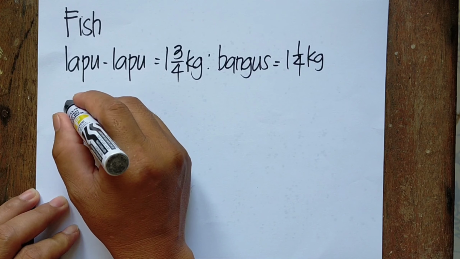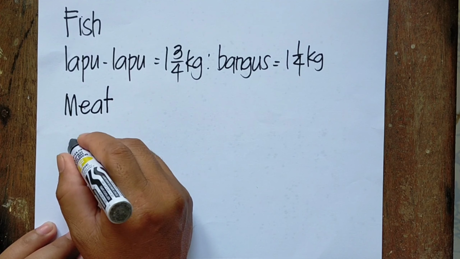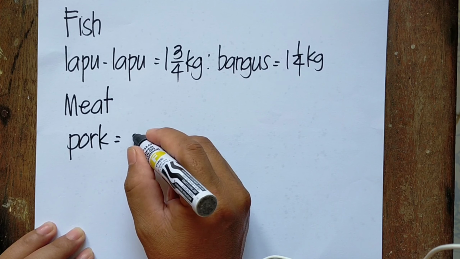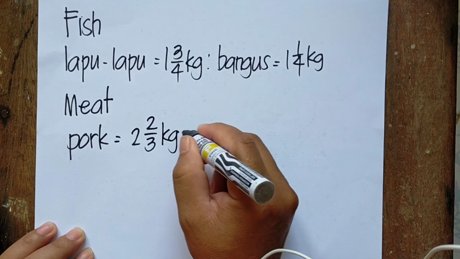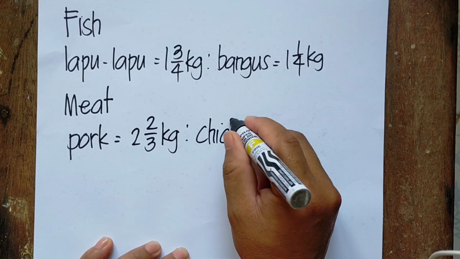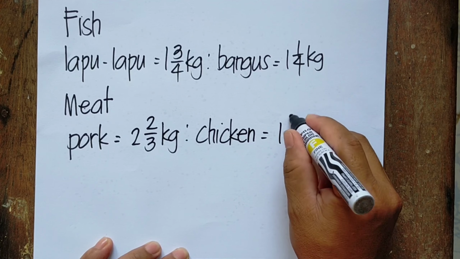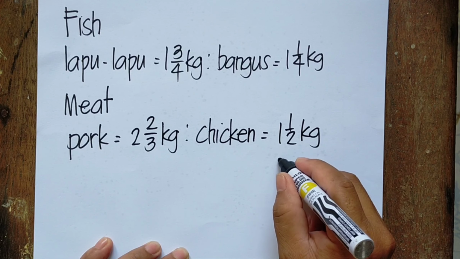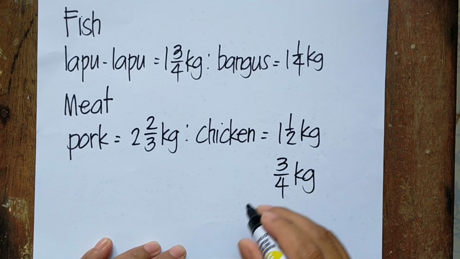I also bought meat, a pork that weighs 2 and 2/3 kilogram, 2 pieces of chicken, one weighs 1 and 1/2 kilogram, and the other one weighs 3/4 kilogram.